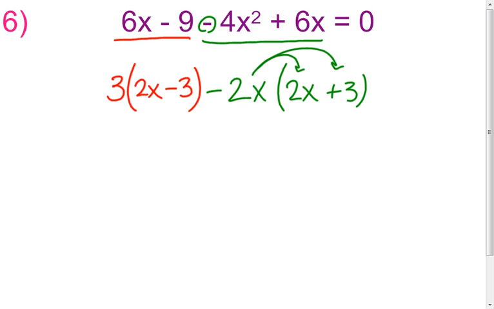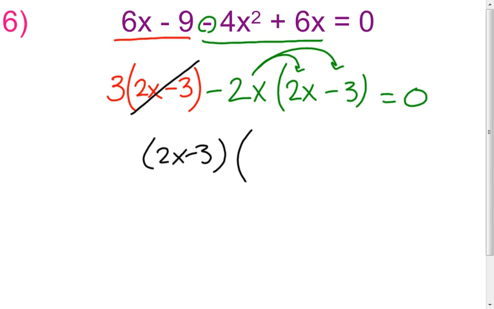And negative times a negative makes a positive. Okay? And then, of course, recognize that each, the green and the red, have a 2x minus 3 in them. So I will factor the 2x minus 3 out. When I do that, I have a 3 left in the red. And when I factor it out of the green, I have negative 2x left.